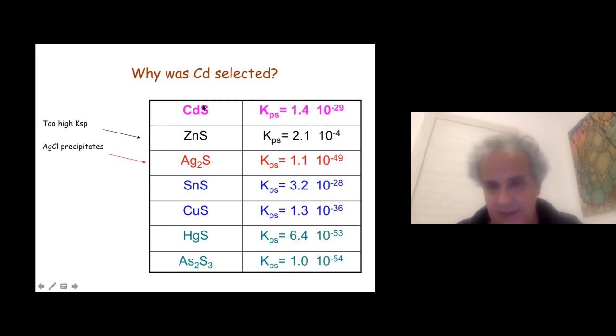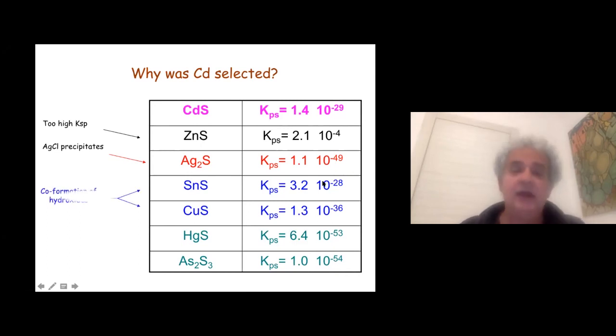So we skip it. You can see that the solubility product is very, very good, but we had to skip this one. We had the same problem with tin and copper, because both these metals, the chalcophile elements, have the co-formation of hydroxide, despite the fact that the solubility product is quite good.